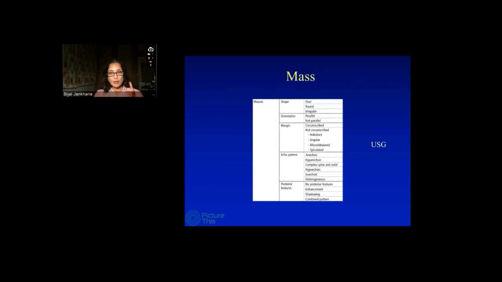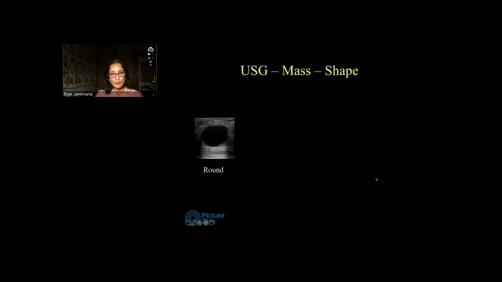When we talk about a mass, according to BI-RADS, we should be talking about all these. So we are going to be talking about them one by one. Shape. All the breast masses of the world can be only one of these 3 shapes, which could be rounded or oval.